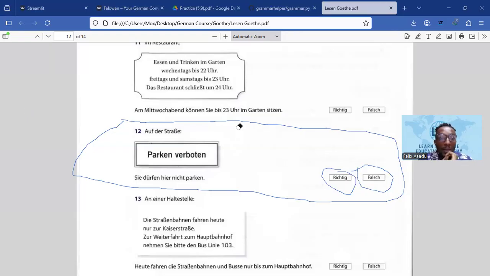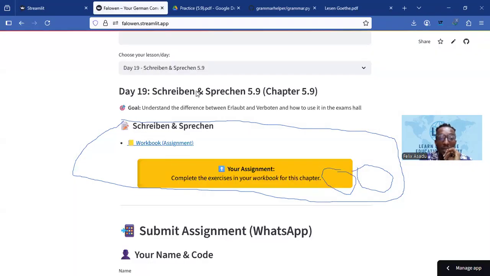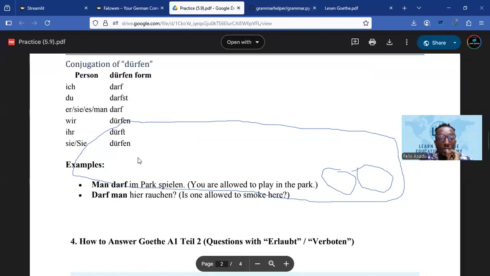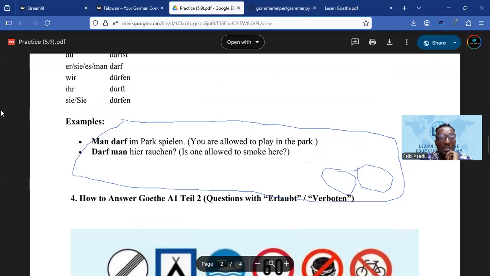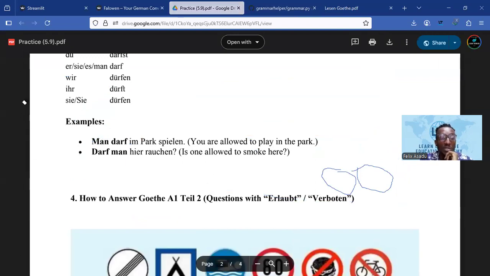Somebody might use the dürfen to ask you a question. That's why I want you to know both ways. Sometimes you go and meet somebody who is a bit advanced, right? And the person will not use ist trinken erlaubt or verboten. So here is darf man hier rauchen, right? So if somebody should ask you darf man hier rauchen, and you want to say that smoking is allowed, how will you say that?